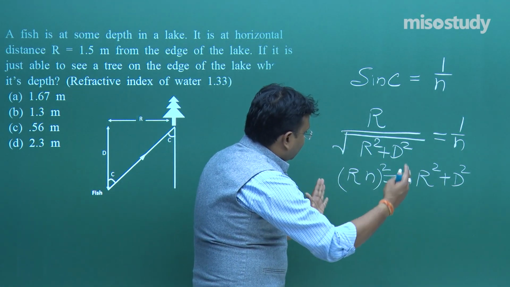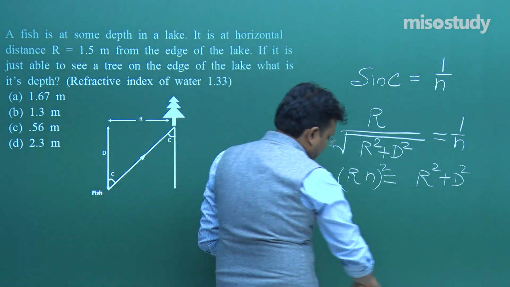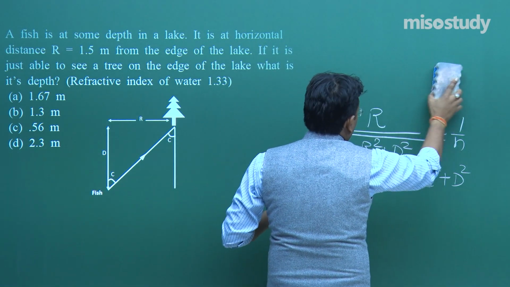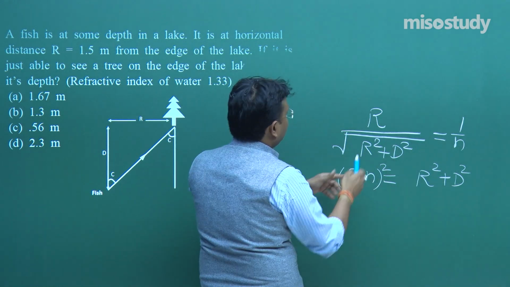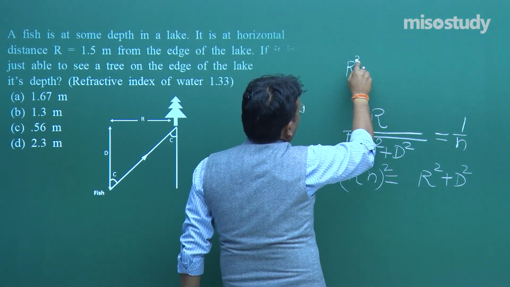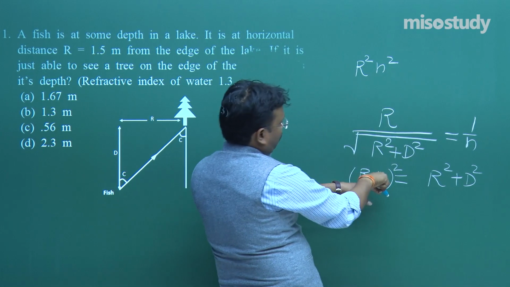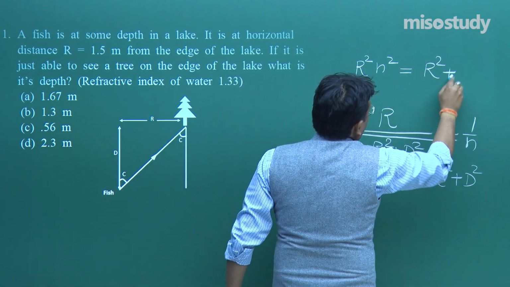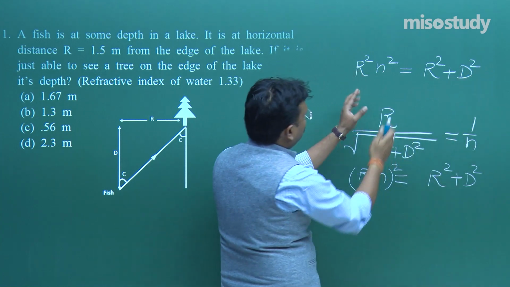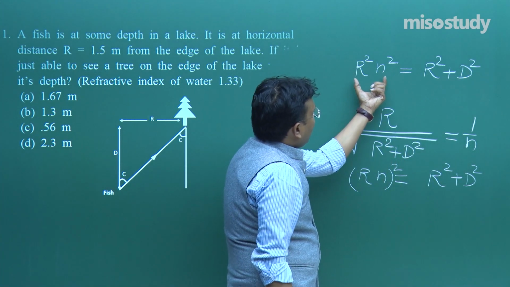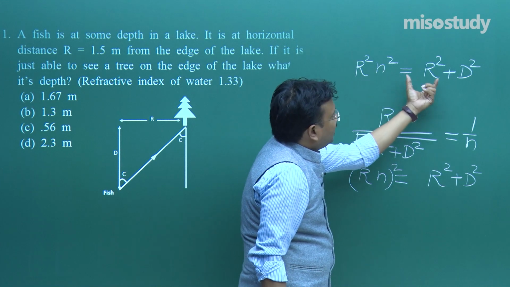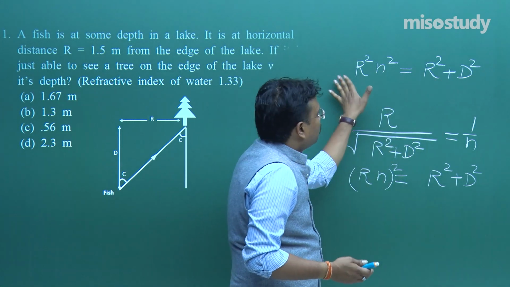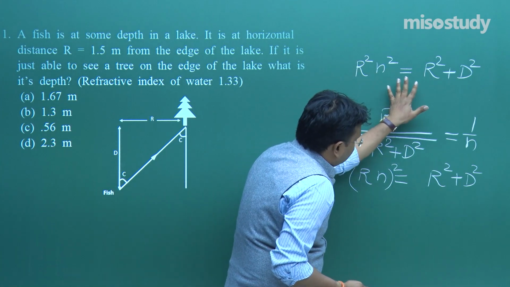Ultimately, let us try to arrange the terms. So, what exactly will we get? R square n square is equal to r square plus d square. Now, do one thing, pick this entire term, try to place it close to r square or opposite of that, fine. You have to ultimately arrange these terms.